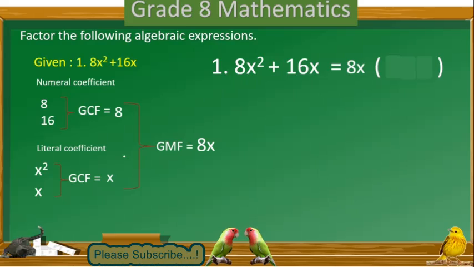To get the other factor, we must divide the first term, 8x squared, by 8x. 8 divided by 8 is 1, or we cancel this out because they are the same.